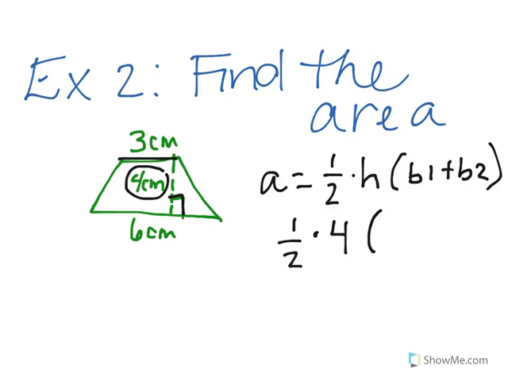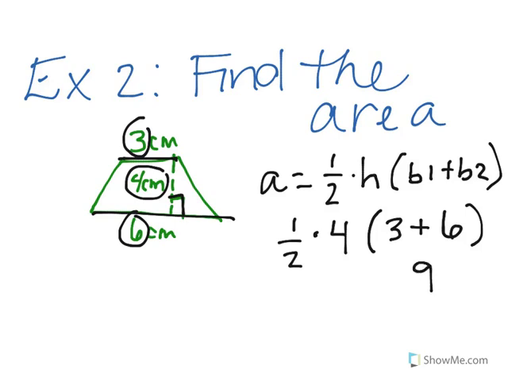And then I'm going to add my two bases. I'm going to call this base 1, and it doesn't matter which base you call which. Base 1 is 3, and base 2 right here is 6. So I have 3 and 6 as my bases. Again, I'm just adding 6 plus 3, which is 9.